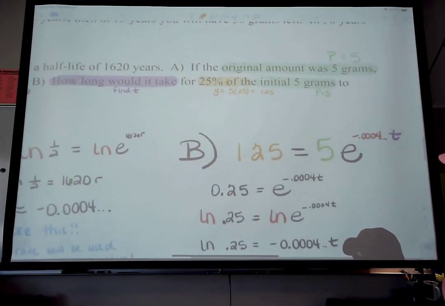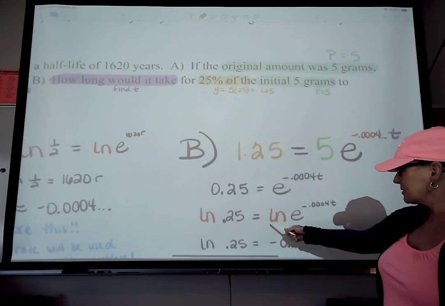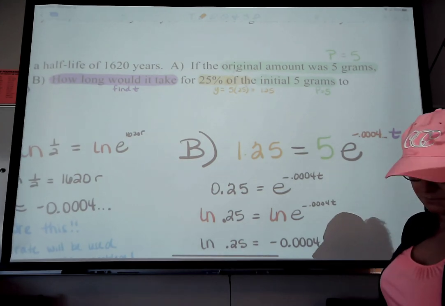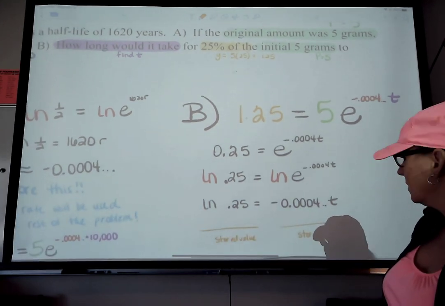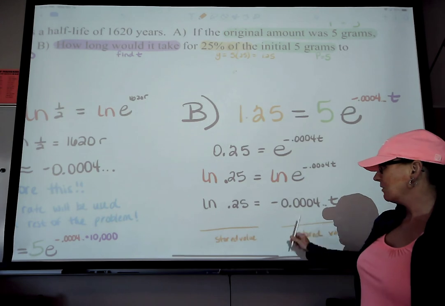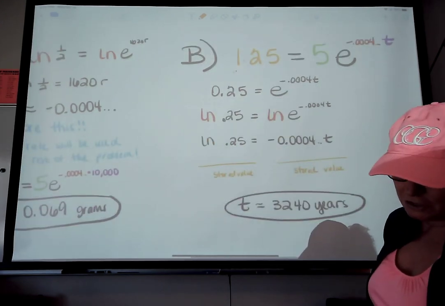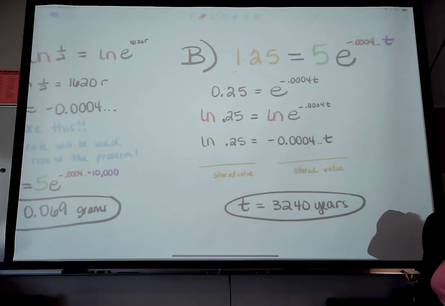Natural log of both sides. Bring my exponent down. Divide by that stored amount in your calculator, and you get 3,240 years.